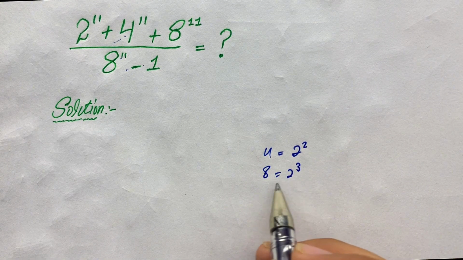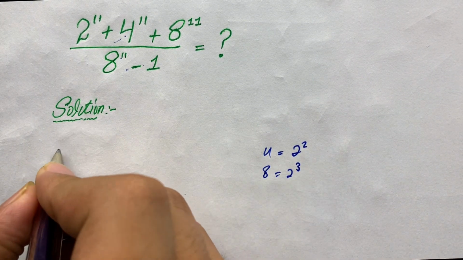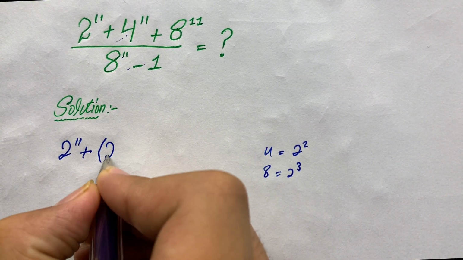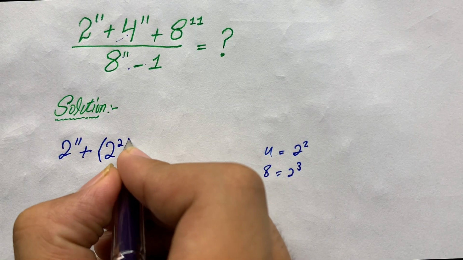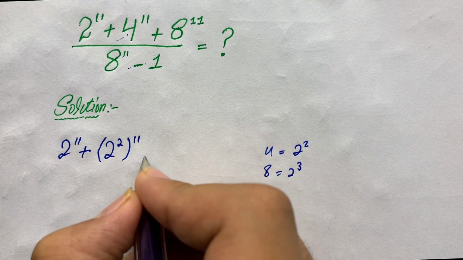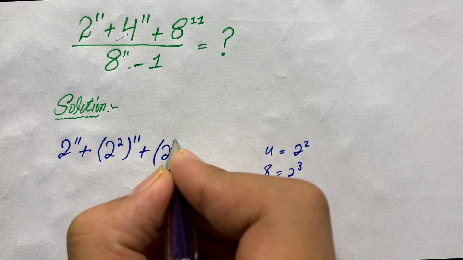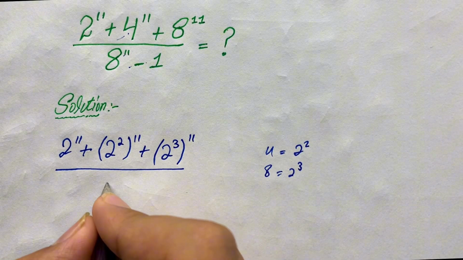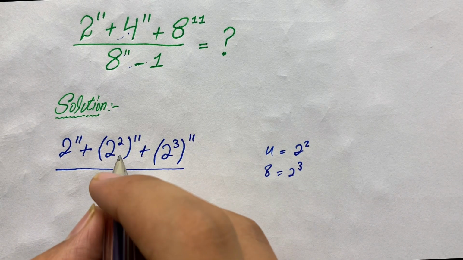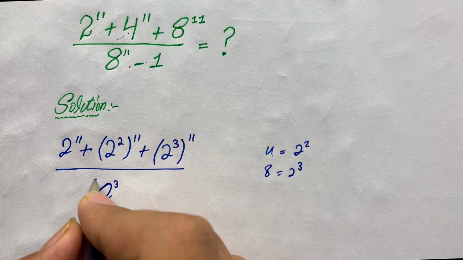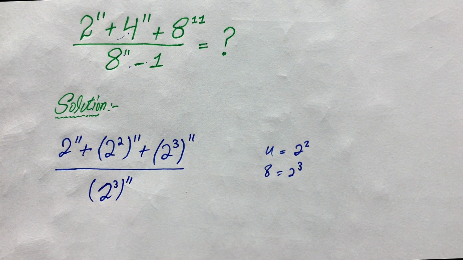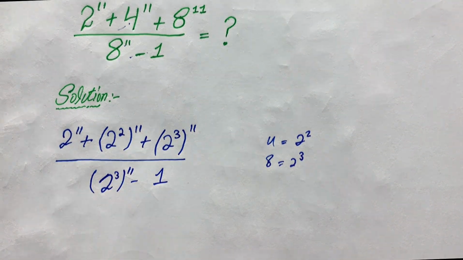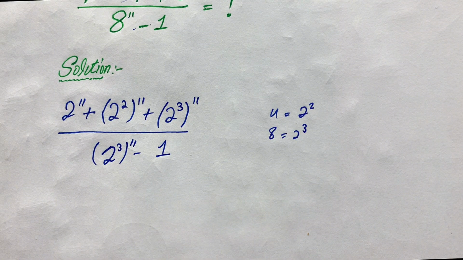Now we are putting these simple values: 2^11 plus (2^2)^11 plus (2^3)^11 divided by (2^3)^11 minus 1. This is our question.